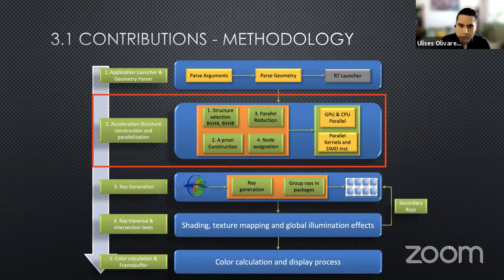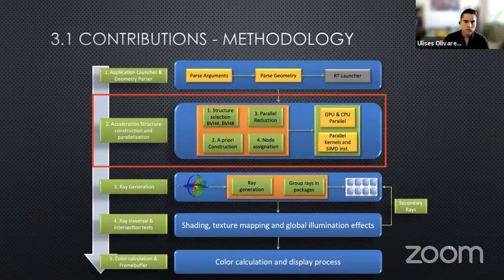The first thing that we did was to build an acceleration structure based on how many children will have each node. So if we have, for example, an architecture that supports AVX, advanced vectorial instructions, of 128 bits, we're going to use only a BBH4. If we have advanced vectorial instructions which support 256 bits, we're using a BBH8, which means we are going to have a branching factor of 4 or a branching factor of 8. Then we're using an a priori construction.